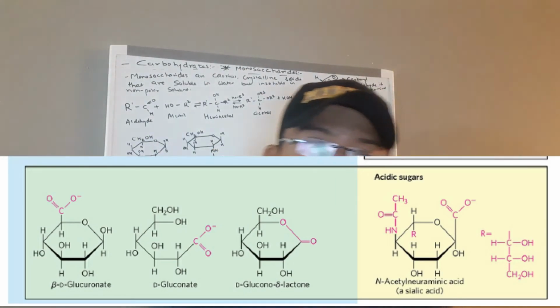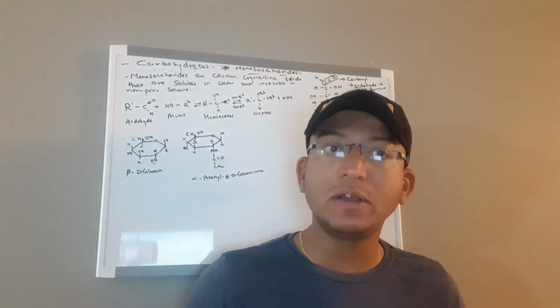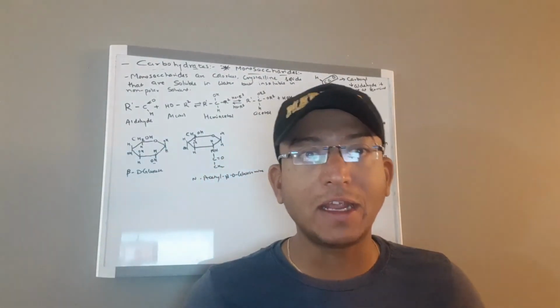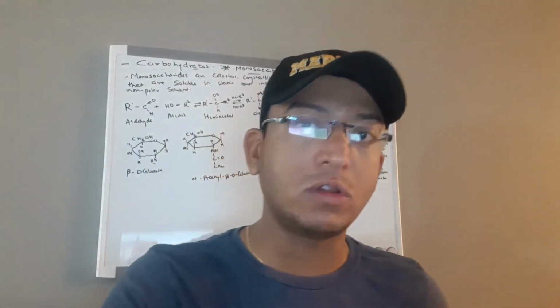The carboxylic acid groups of acidic sugar derivatives are ionized at pH 7, and the compounds are therefore correctly named as the carboxylates, glucuronate or galacturonate, and so forth.